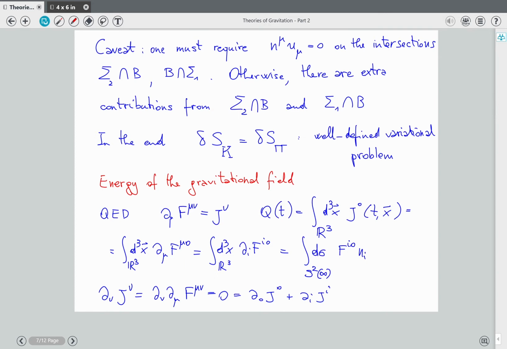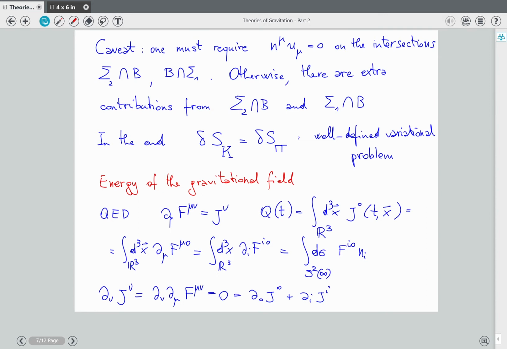We have been trying to define the energy of the gravitational field in analogy with what we do for classical electrodynamics or quantum electrodynamics.